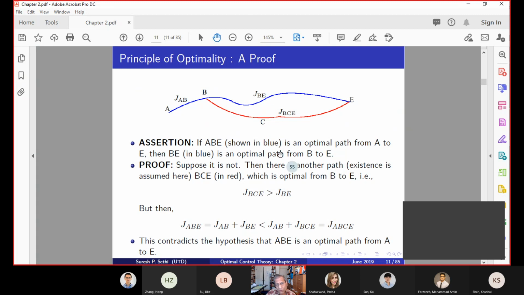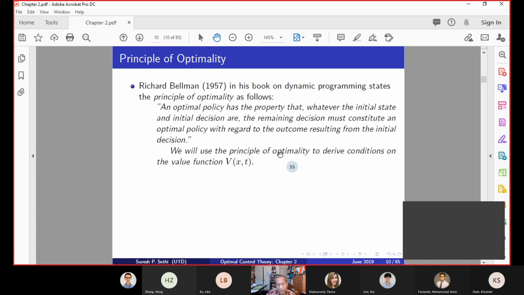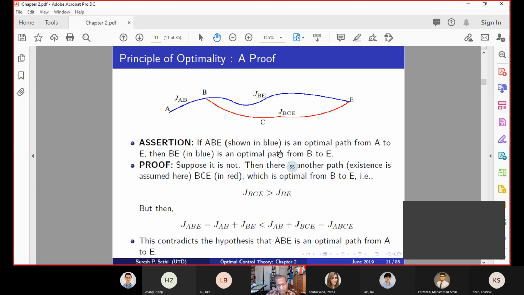So let's go through. Let's think of this to be time 0, and let's think of this to be time T, and this to be any intermediate time t. Okay? So suppose I have some kind of control. So here's an optimal control.